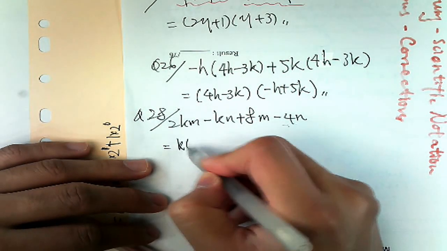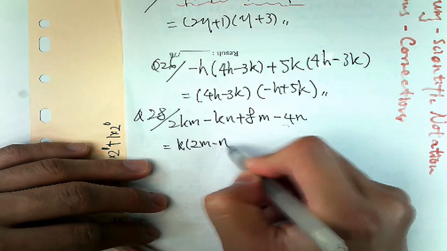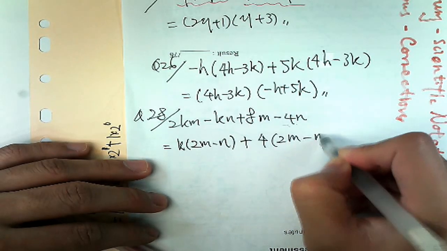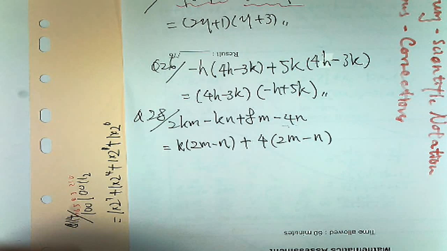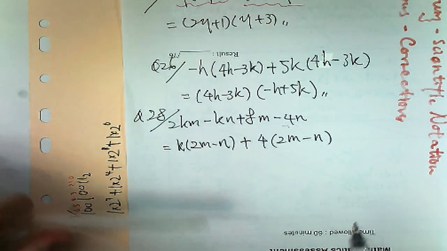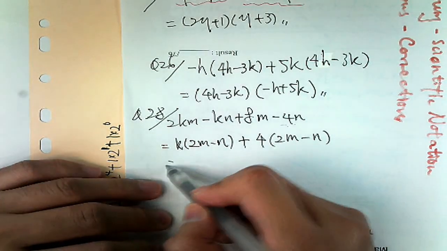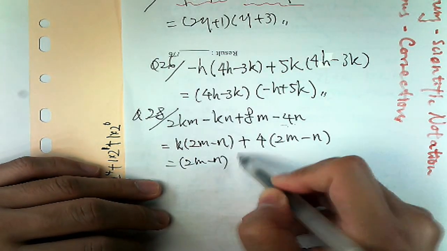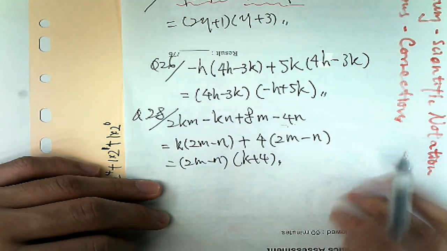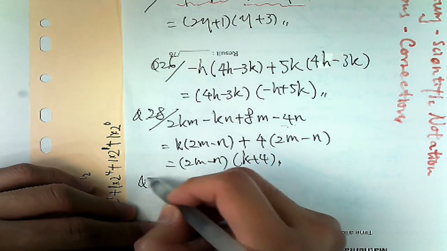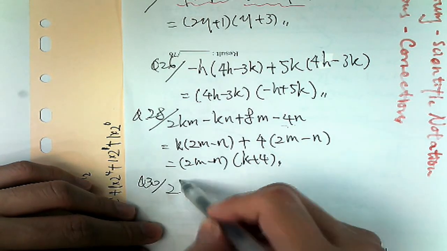So you pull out k for the first two terms, and for the last two terms you pull out 4, 2m - n, understand? So here you create two big terms, and then you see the bracket is in common, understand? So you do this as before, understand? It's okay?